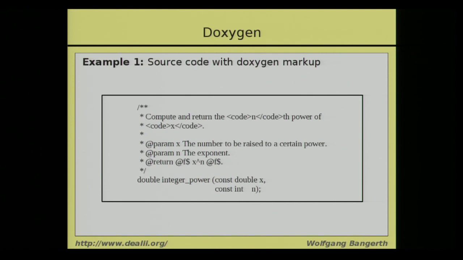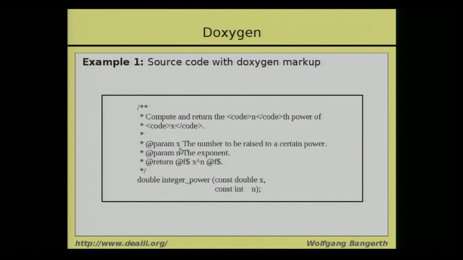But the way this works is that in Doxygen you start a comment with /**, and then you typically write documentation where you can use HTML markup. So <code> and </code> here, for example, would print this in typewriter font. So it says compute and return the nth power of x. And then there are a lot of these @ commands here. So @param, for example, documents the parameter x.